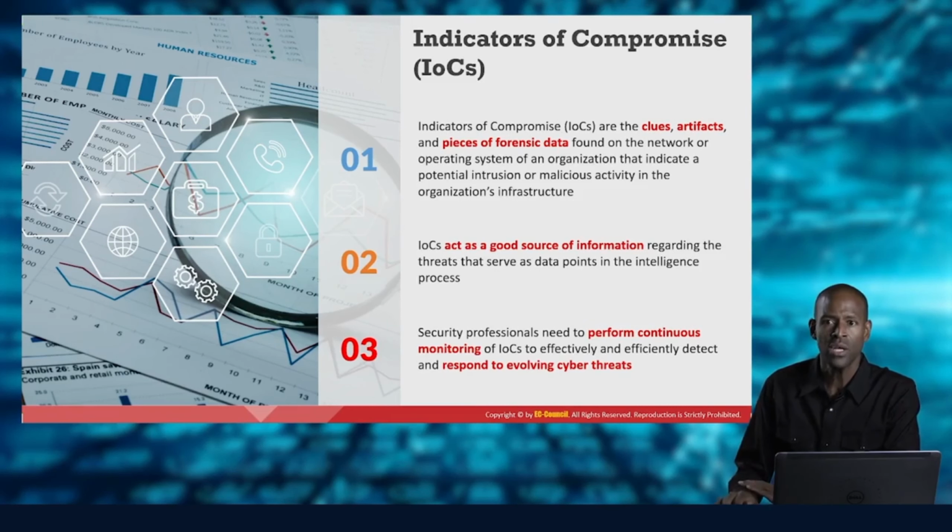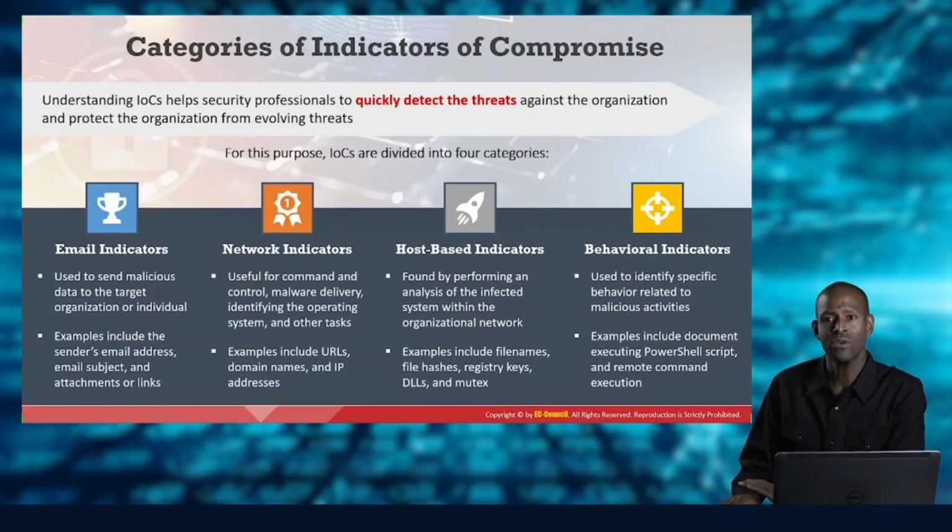If we look at IoCs, there are actually different types of indicators that can help us to detect threats. For instance, there are email indicators. These are used to send malicious data to target organizations by means of email. For instance, the sender's email address, subject, attachment, and header information could give us a good email indicator.